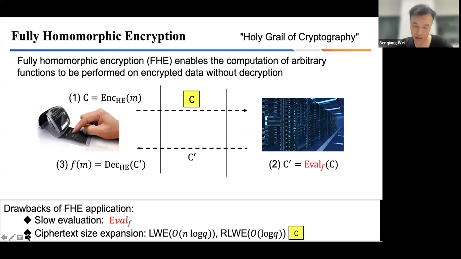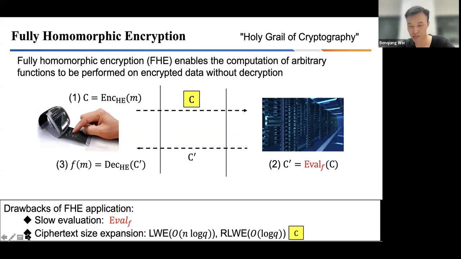However, there are two problems in current applications of FHE. First, the low computational efficiency, because in real life, computational tasks are usually complex and diverse. And the second one is large FHE ciphertext expansion.